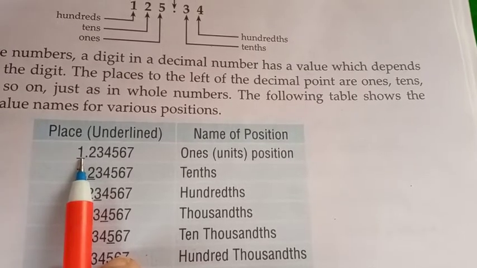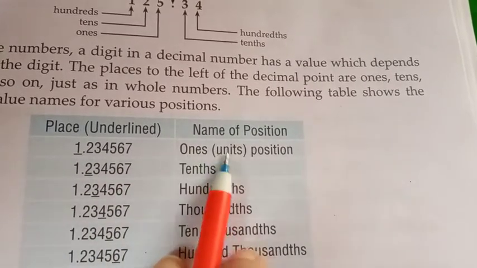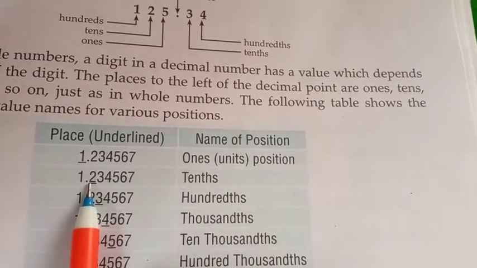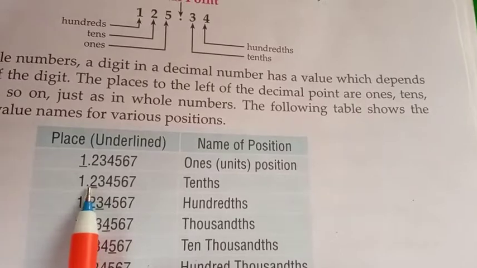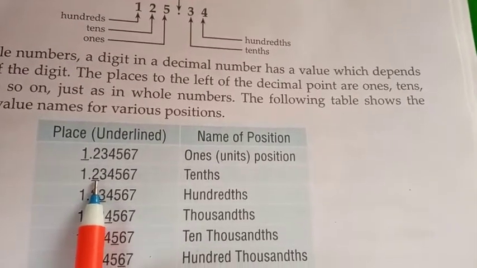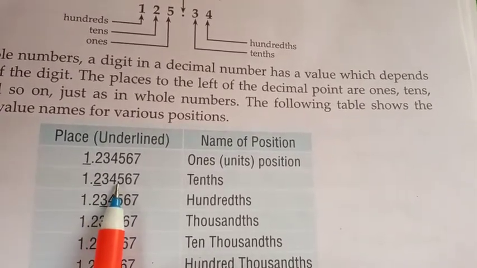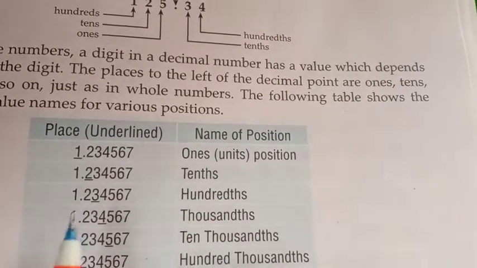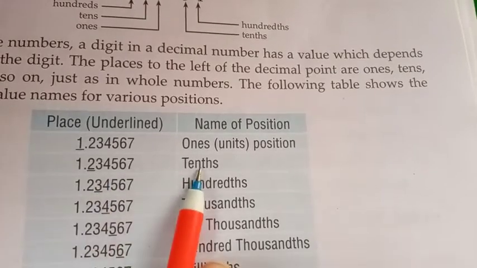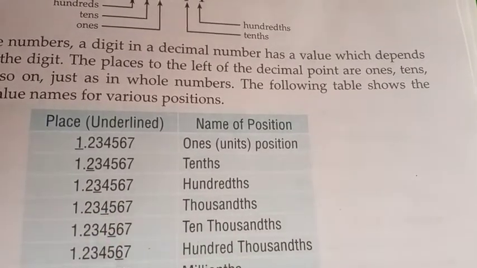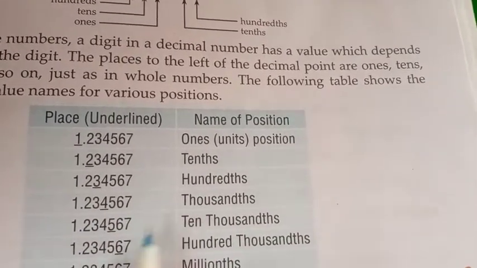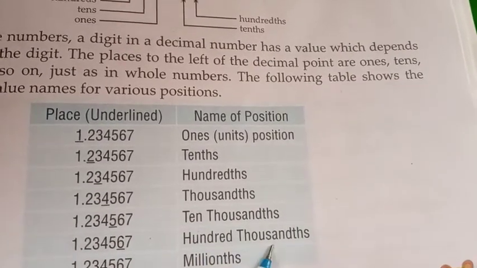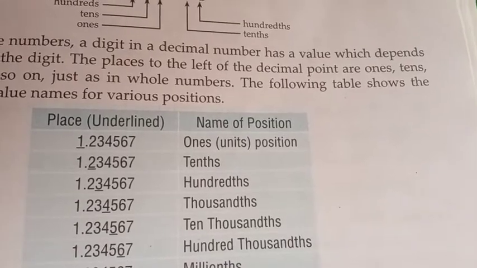One is in the ones position, so you write down ones position. But 2 is in the tenths position, because on the right side of the decimal point it starts from tenths, hundredths, thousandths, ten-thousandths, hundred-thousandths, and so on. So this 2 is in the tenths position, 3 is in the hundredths position, 4 is in the thousandths position, 5 is in the ten-thousandths position, 6 is in the hundred-thousandths position, and 7 is in the millionths position.